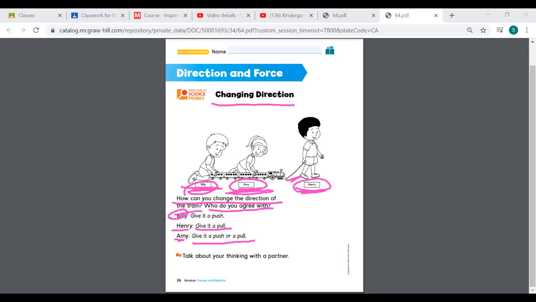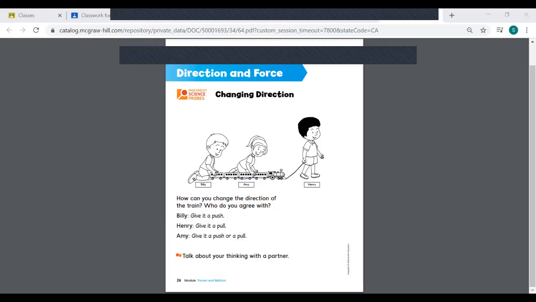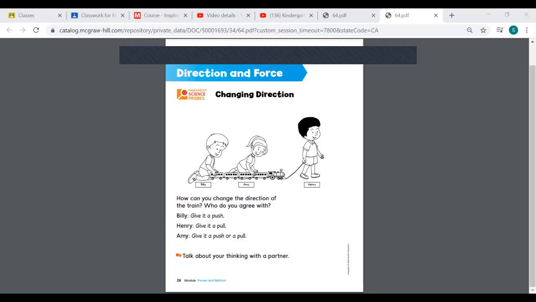Amy says you push or pull and that'll change the train's direction. And Henry says no, you pull the train to change the direction. So which friend do you think has the best idea? Remember, every movement is a result of a force on an object. So a push or a pull is a force. So who do you think has the best idea?